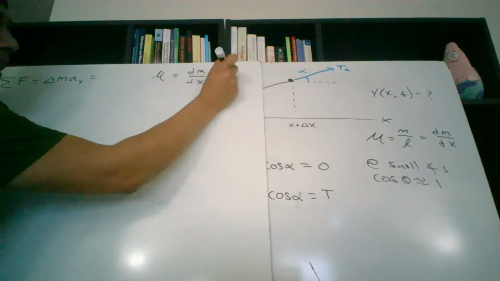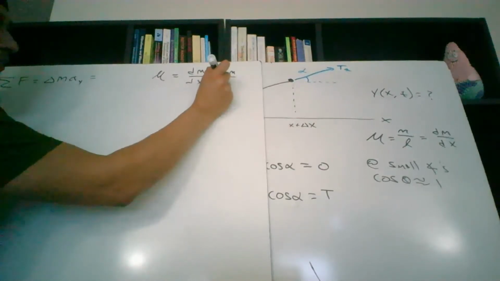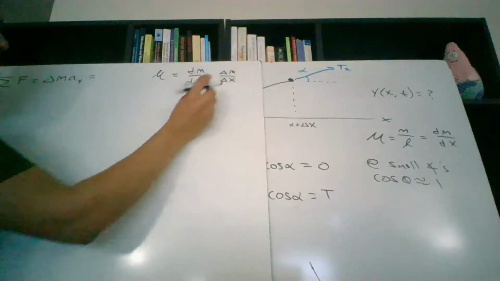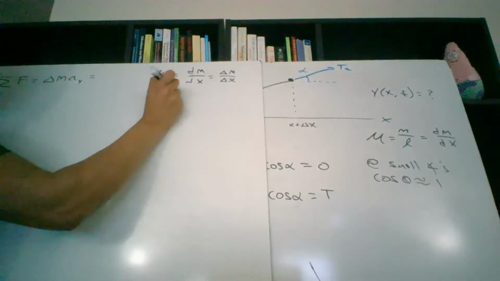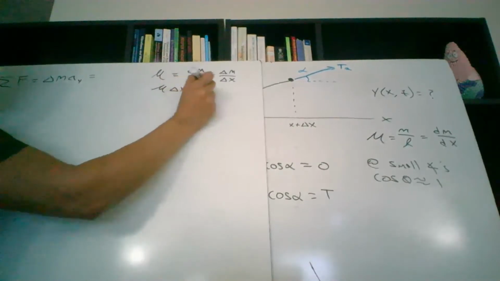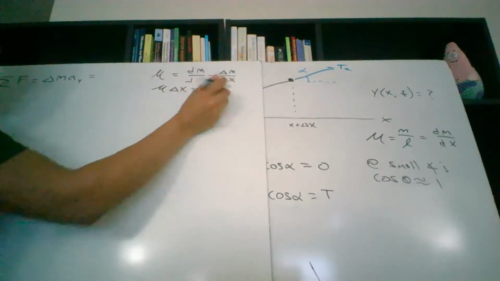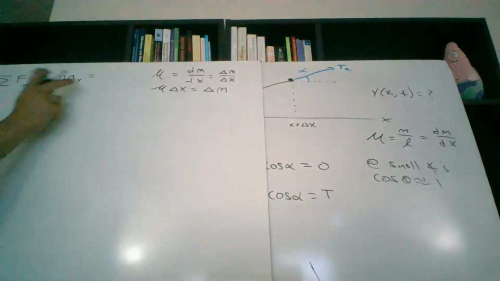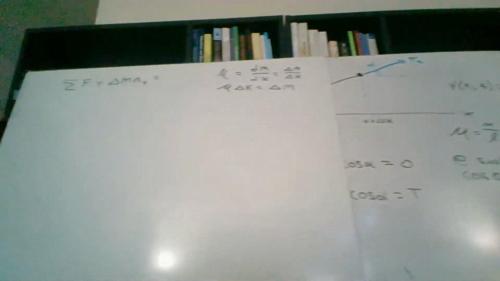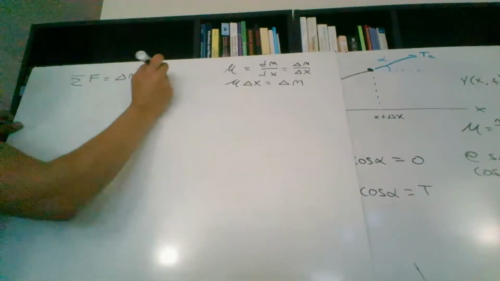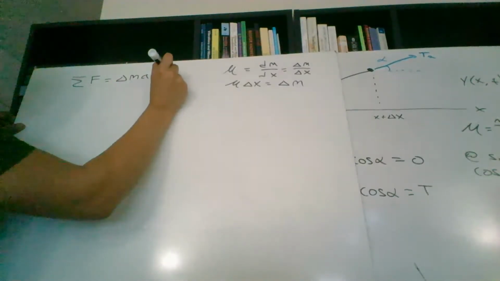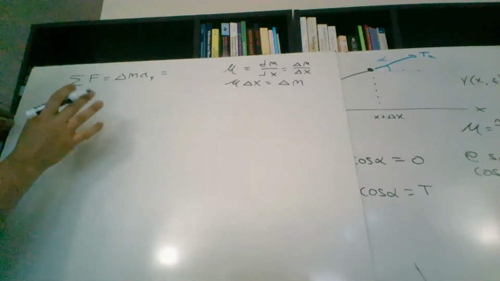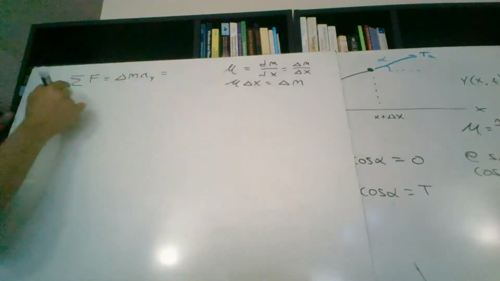Delta m over delta x. There we go. And so you bring the delta x to the other side, you get mu delta x is equal to delta m. And you can replace the delta m over here. I'll put that in just a second.